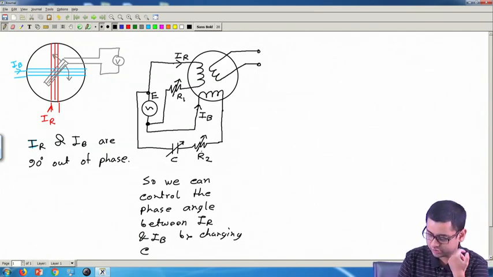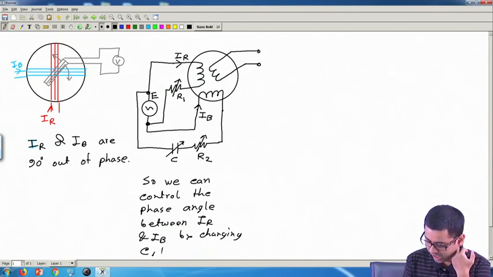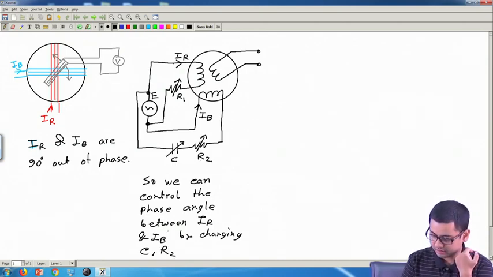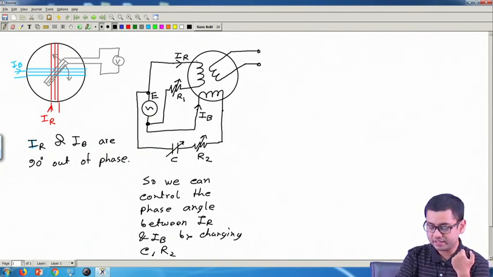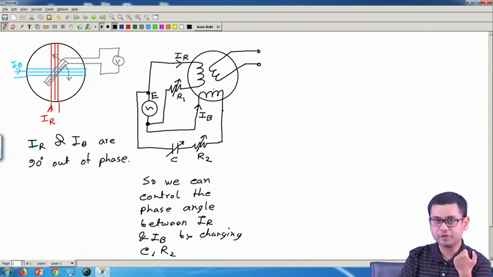You also may need to change R2, and you also have to ensure that the magnitudes of these two currents are the same, provided that the number of turns of these two coils and the reluctance of the two paths are the same.